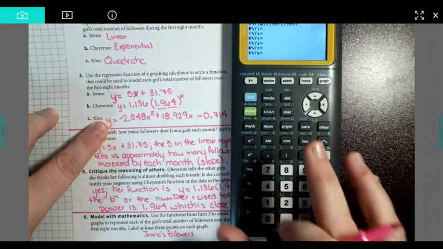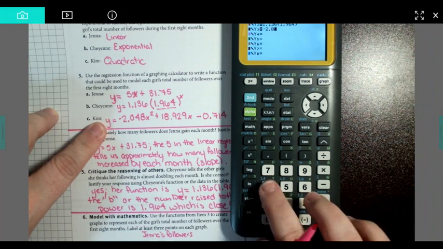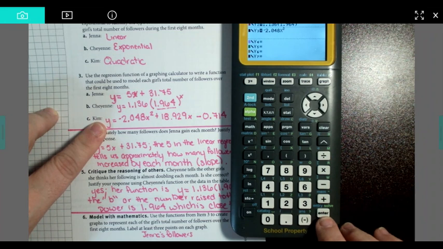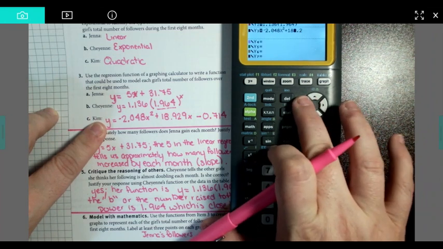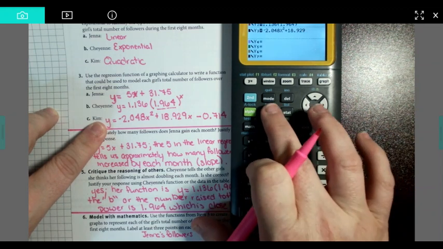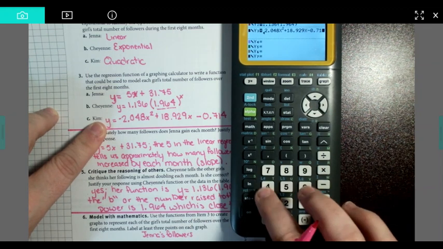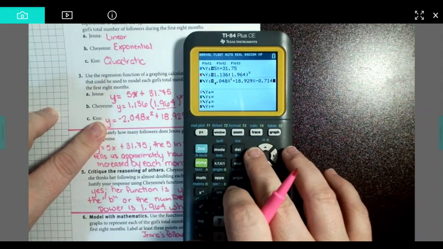And the last one was negative 2.048 x squared plus 0.929x minus 0.714. So I typed all 3 of those equations in.